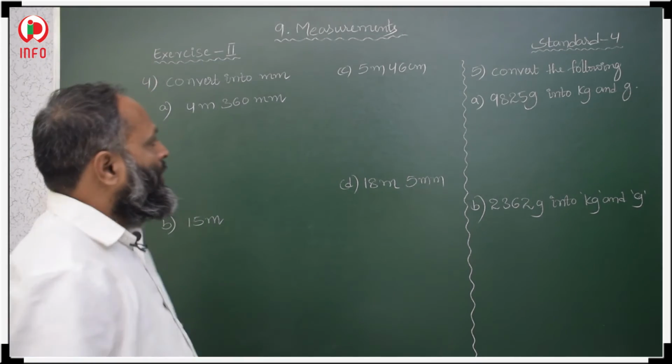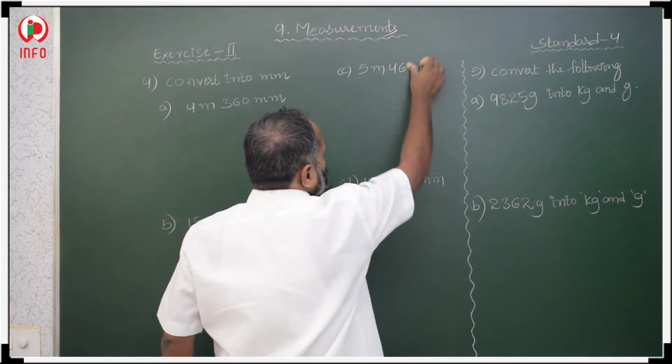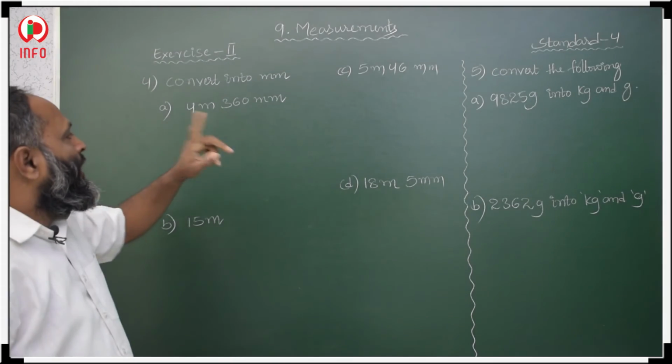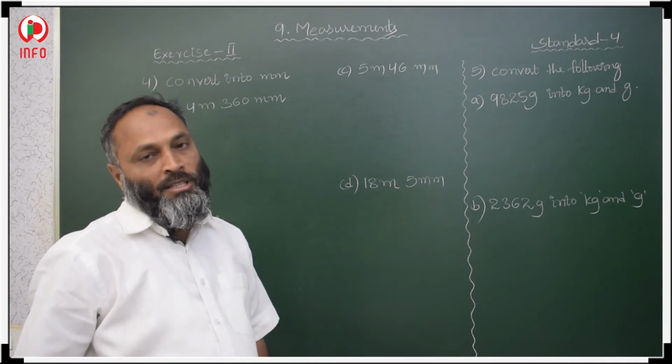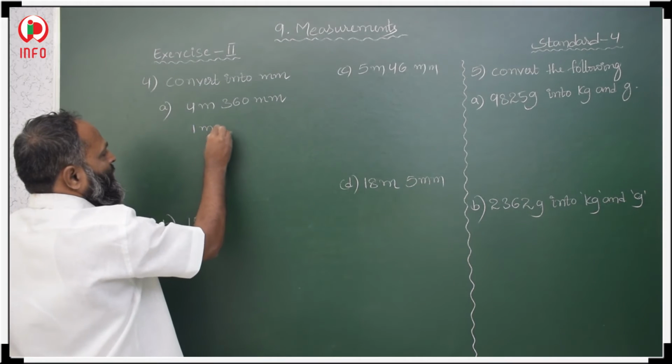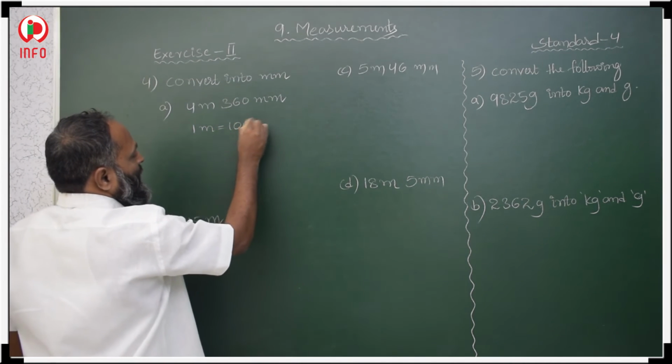So see here how to convert into millimeters. Here, meters: 1 meter is equal to how many millimeters? 1 meter is equal to 1000 millimeters.